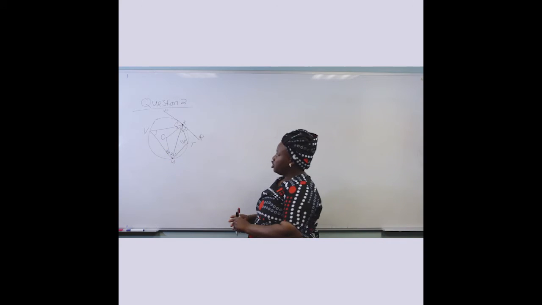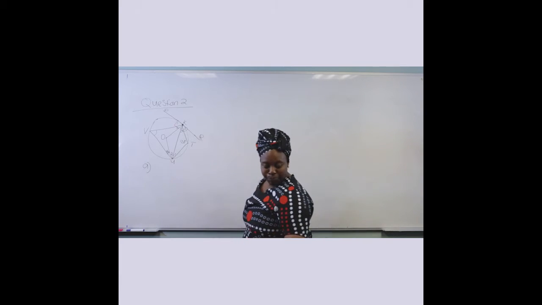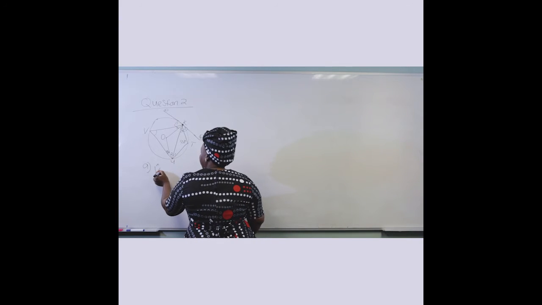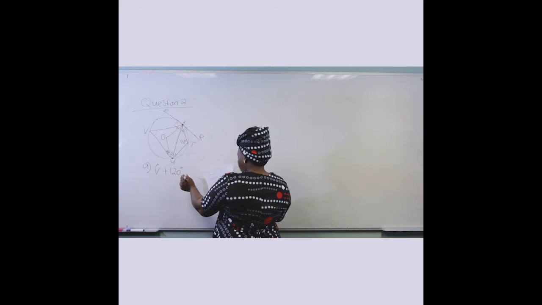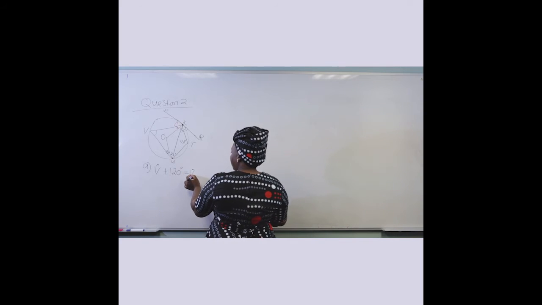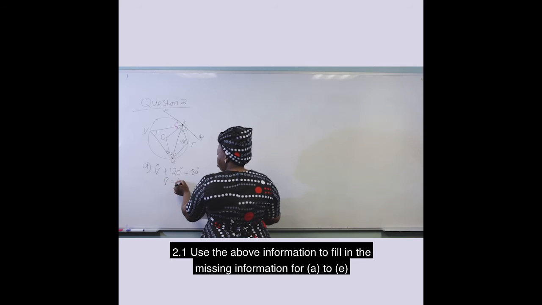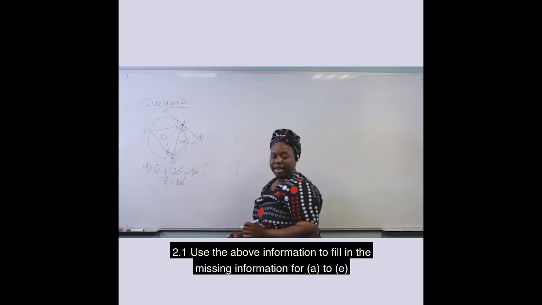So the first question, which is number A, they say to us, what makes V, let's copy it down, angle V plus angle 120, which is this one, to be equals to 180 degrees, and also that is making V to be 60 degrees. So you need to give us the reason, and that's what they'll give you marks for.